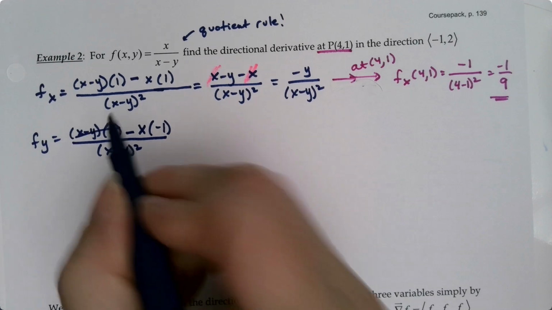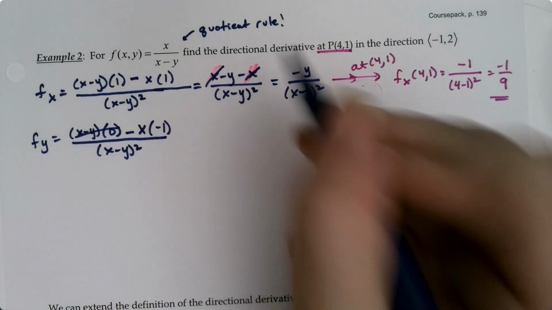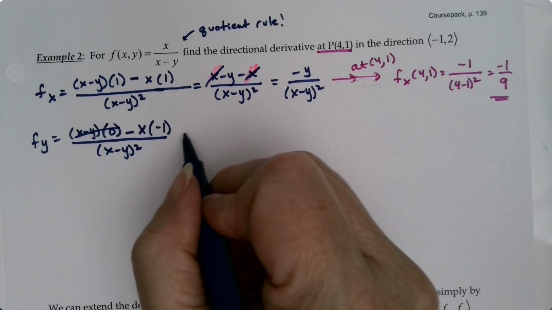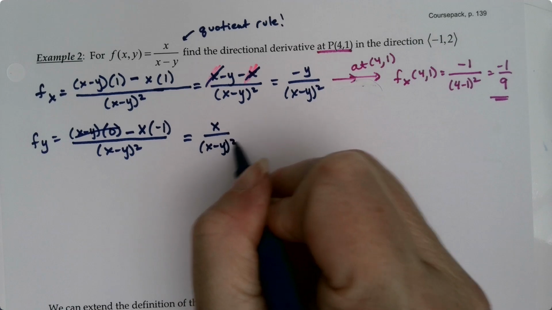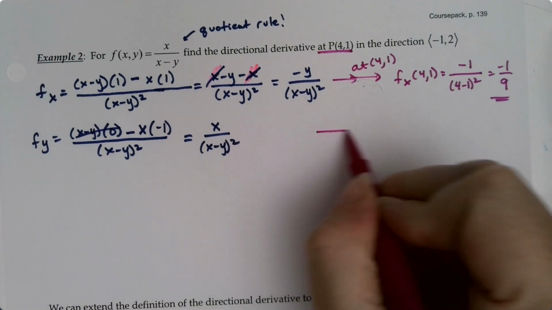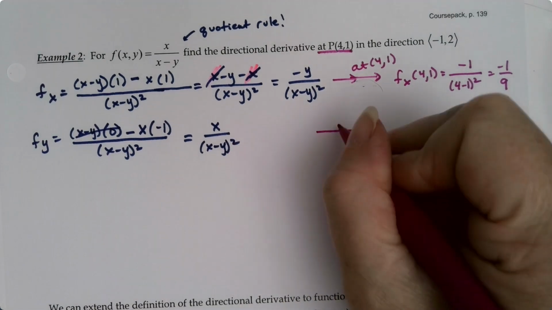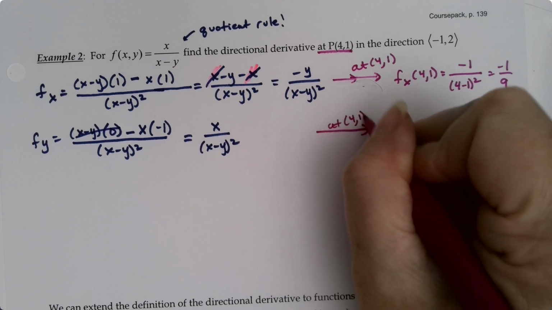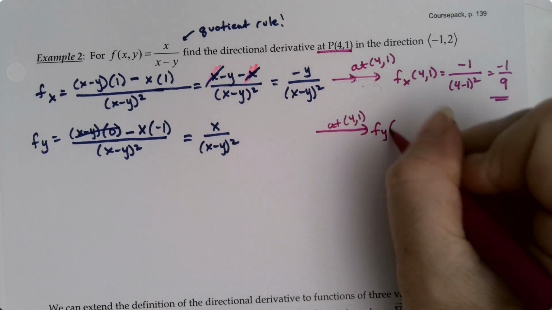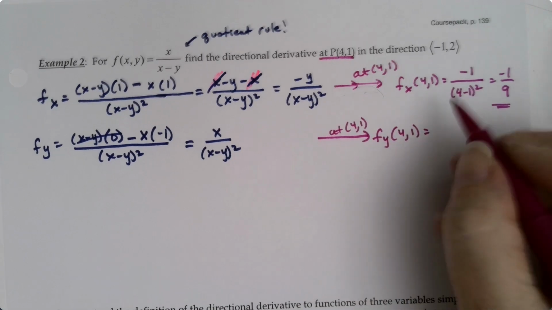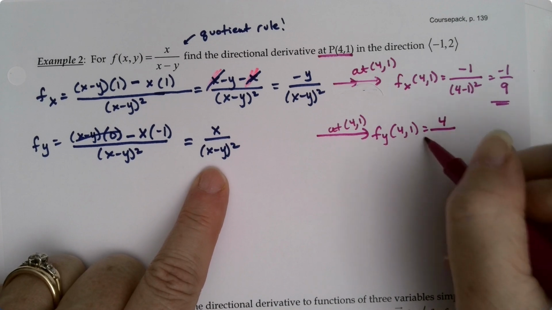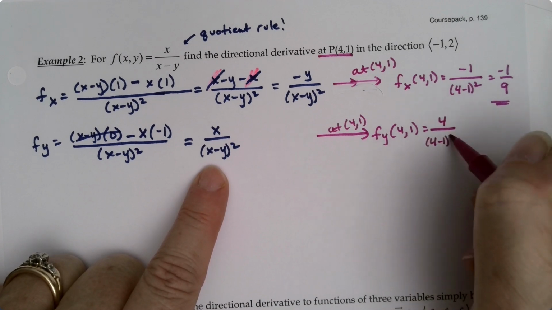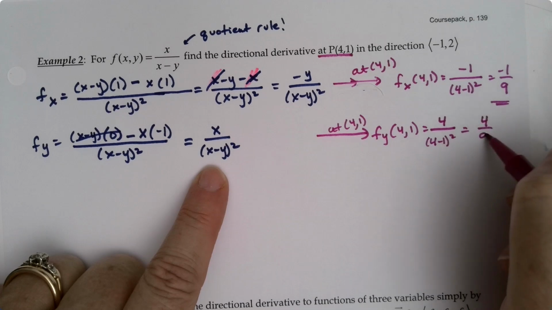So this whole term is gone, right? So that's 0. So this ends up being x over x minus y squared. Now, at (4, 1), f sub y at (4, 1) would be equal to 4 over 4 minus 1 squared, which is 4 over 9.